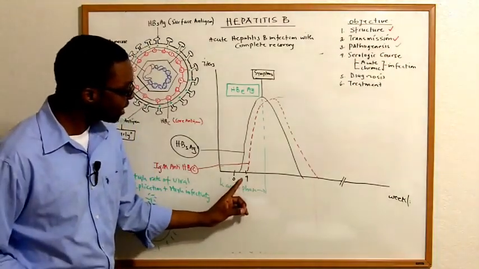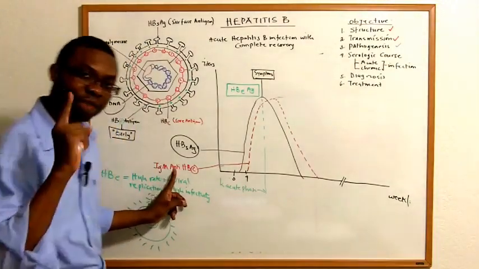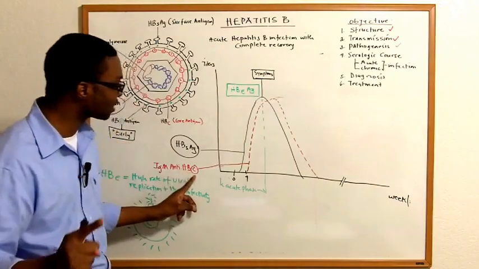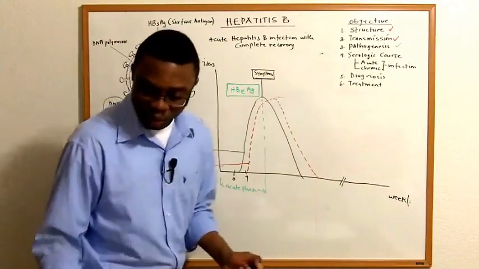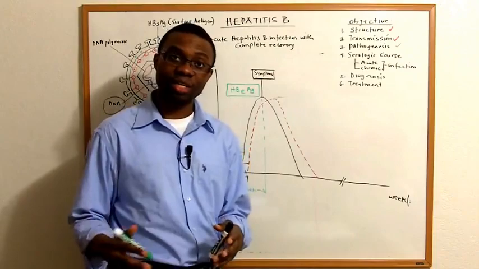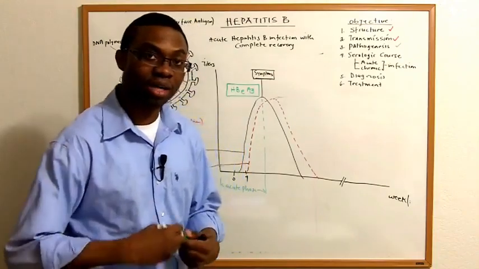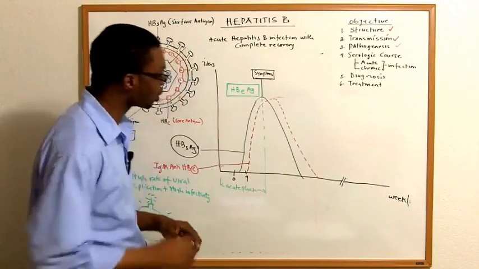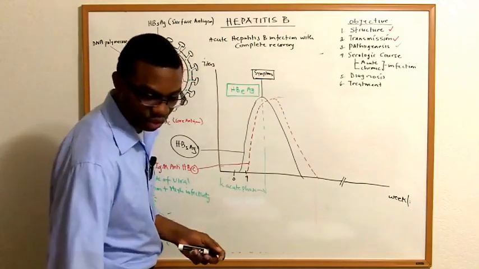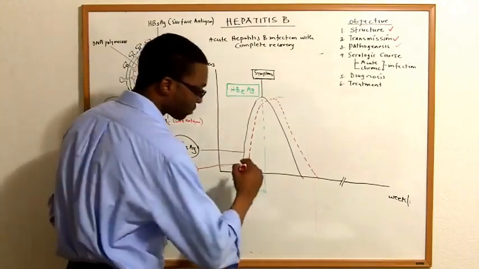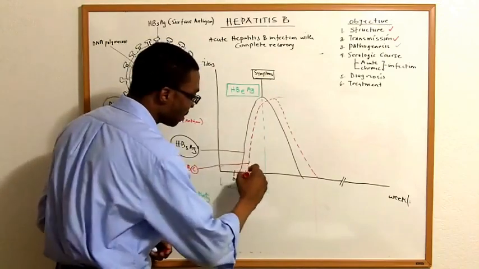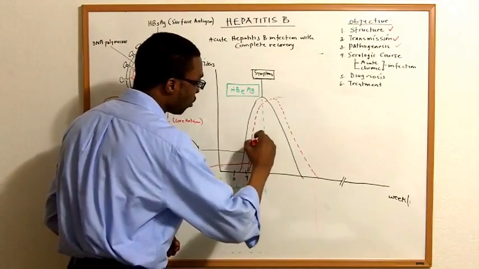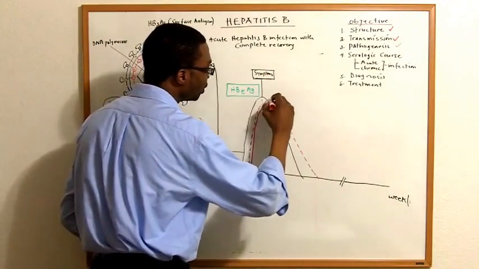As we are making IgM, which is the first antibody that's made against the core, we need to make IgG against the core antibody. So we're not going to forget that the body eventually will start to make, let's keep that also in red, during the same time, because the end goal of the body is to make IgG.